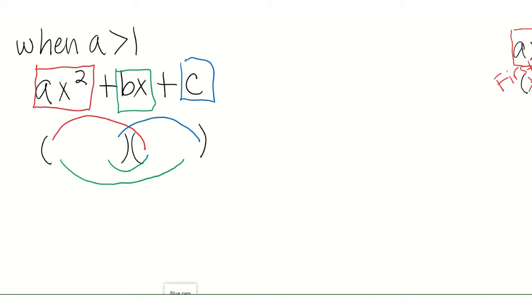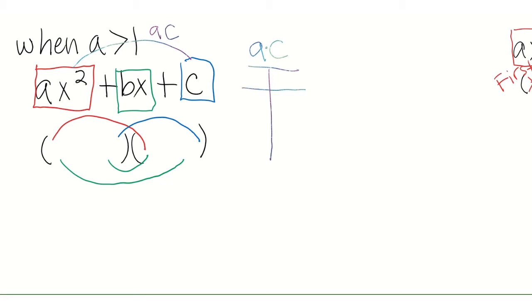So with this, we're going to take the product of AC and factor that. We're going to take our A times C and find all of those factors.